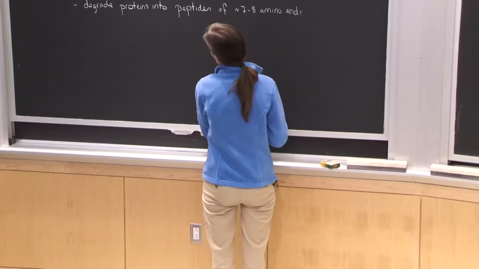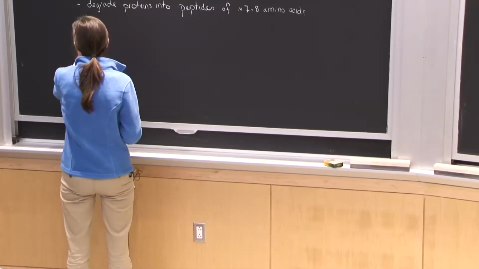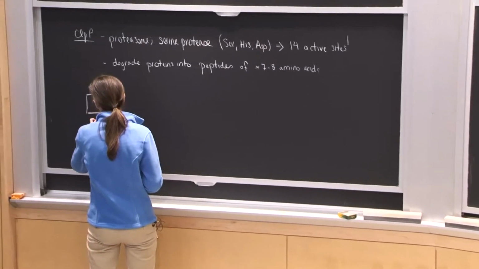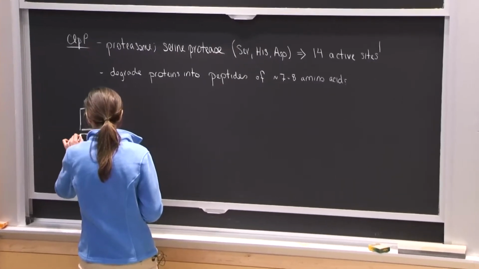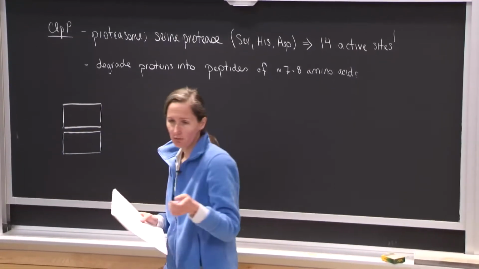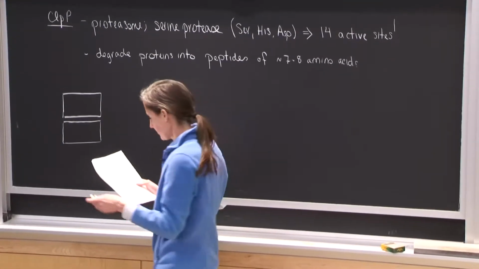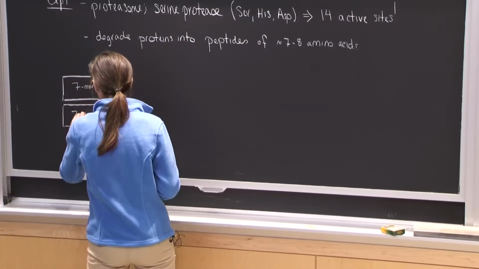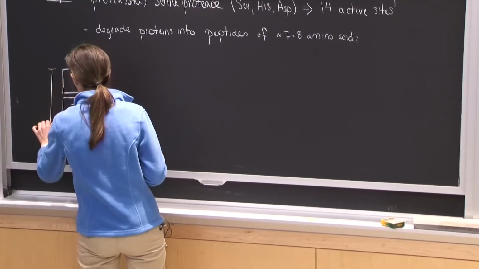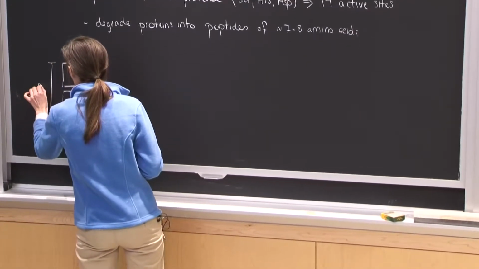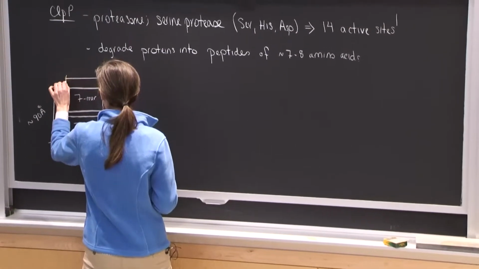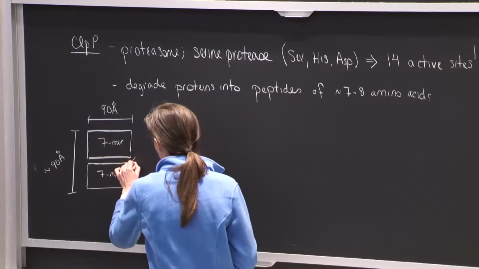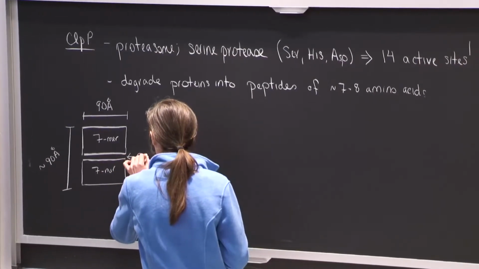Okay. And so if we consider a cartoon of the structure, what we find is that we have two back-to-back rings here. Each of these rings is a heptamer, so we have two heptamers. In terms of size, approximately 90 angstroms here, and approximately 90 angstroms across. This region between the two rings is sometimes referred to as the equator.